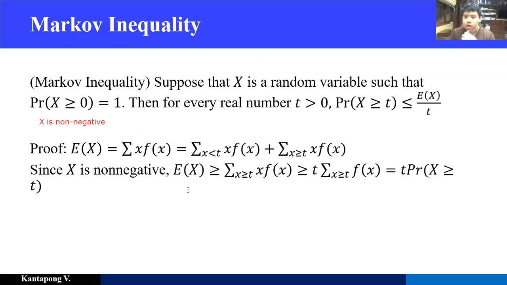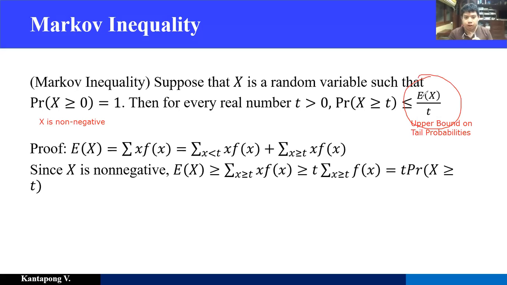Then for every real number t, this holds true. This is the upper bound on the tail probability. E of X over t is the upper bound.